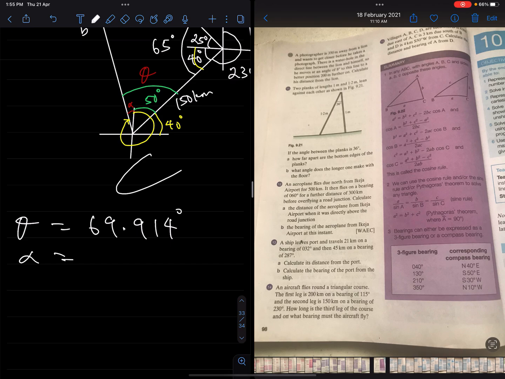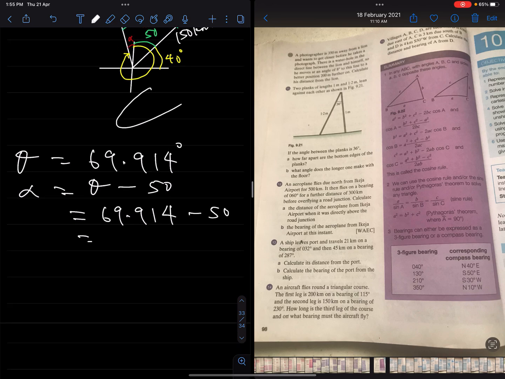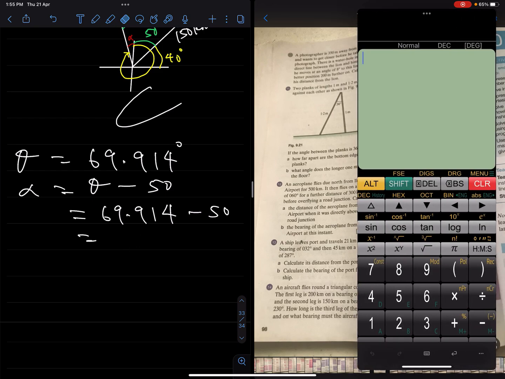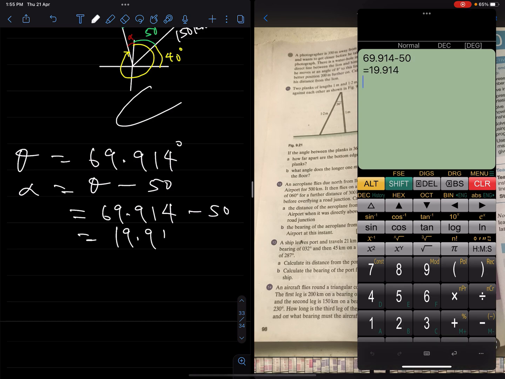So that means alpha equals theta minus 50, which is 69.914 minus 50, and of course that's 19.914. It's always good to be sure of what you are doing and not be too confident. It's funny at times how you even think you are not sure what 2 plus 2 is going to give.